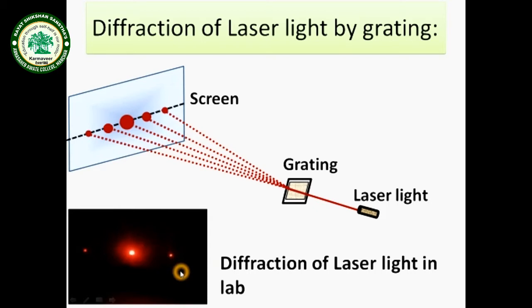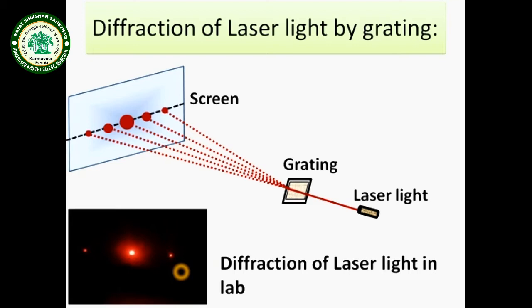So deviation is nothing but what we call diffraction. Diffraction of a laser light by a grating was familiar in those days. But in order to study the crystalline material, we have to have some interaction material.